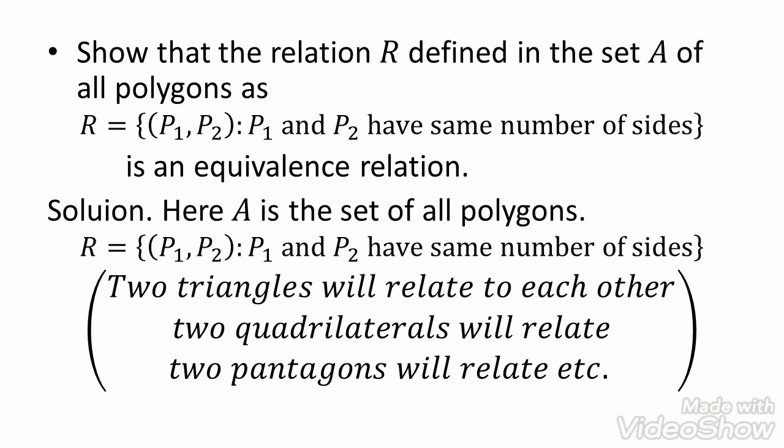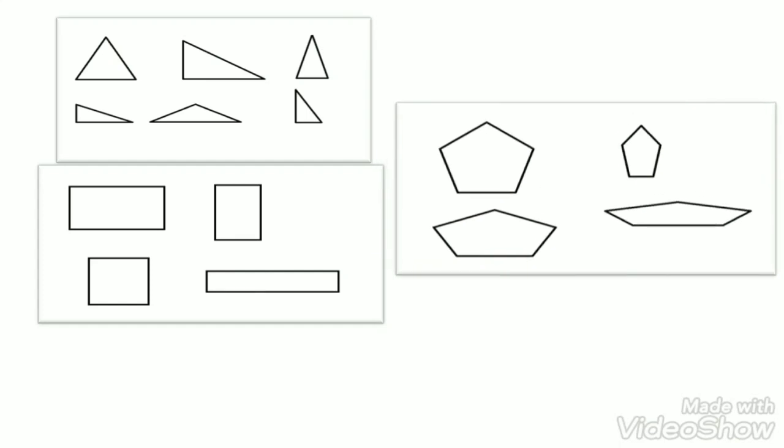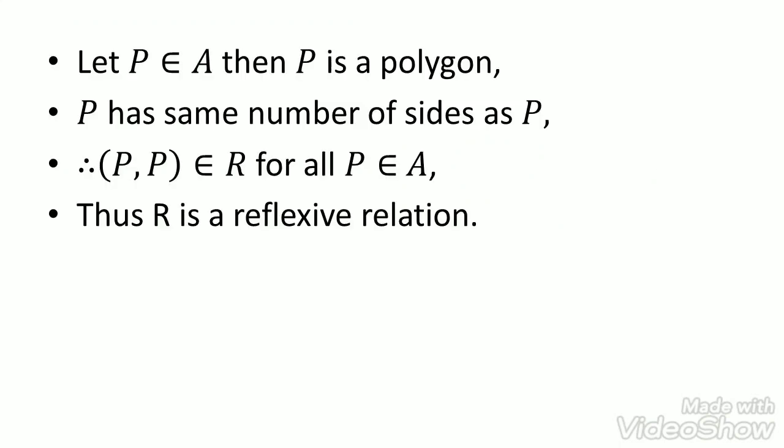So two triangles will relate to each other, two quadrilaterals will relate to each other, and in a similar way these triangles relate because they have the same number of sides. These quadrilaterals relate to each other because they have the same number of sides, and also the pentagons will relate to each other. Whatever their shapes may be, the number of sides is the same.